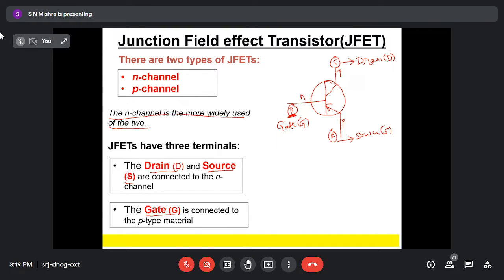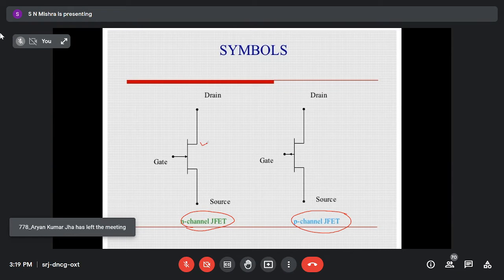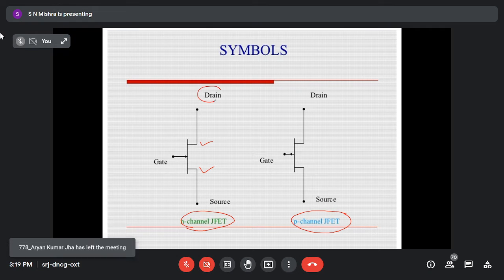Now this is the symbol, N-channel JFET and P-channel JFET. So instead of this inclined line, these are the horizontal lines which you need to put. So this is your drain, this is your source, and this is your gate. Now an arrow mark is given at the gate, but in the case of a transistor, the emitter has the arrow mark.